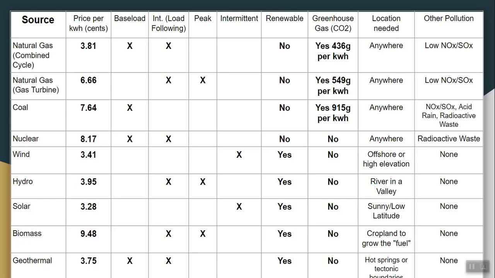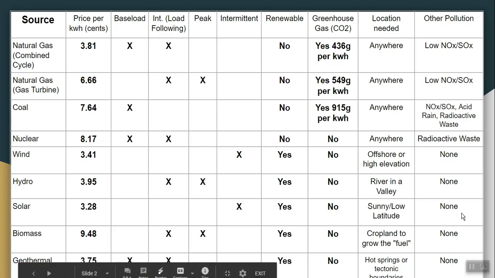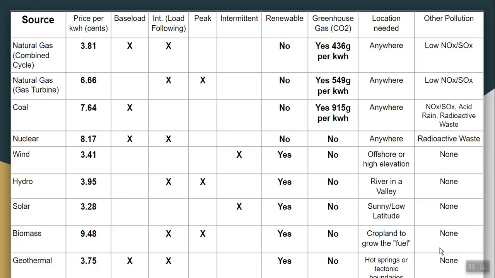And again, places like France that have been using nuclear power for decades, okay, they actually can even recycle some of their nuclear waste into new fuel. Okay. And with wind, there's no other pollution. Hydro, really no pollution. Solar, obviously none. Again, biomass and geothermal, again, you're not really releasing anything new into the environment.